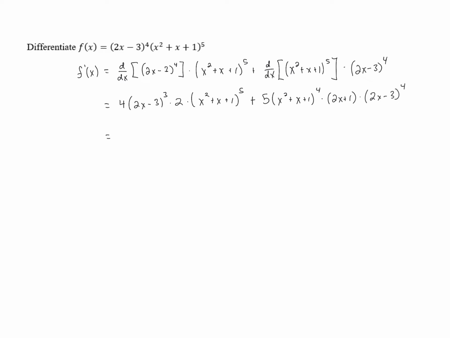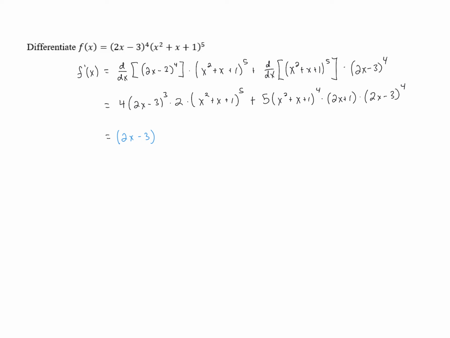If we look at these two different terms separated by the plus in the middle, we can see that they both have powers of 2x minus 3, and they both have powers of x squared plus x plus 1. So let's write what they have in common. They both have powers of 2x minus 3, and one of them has 3 factors of that, and the other has 4 factors of that.